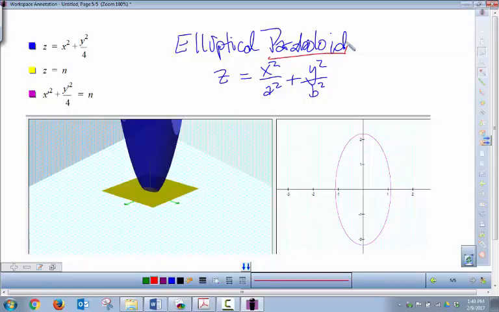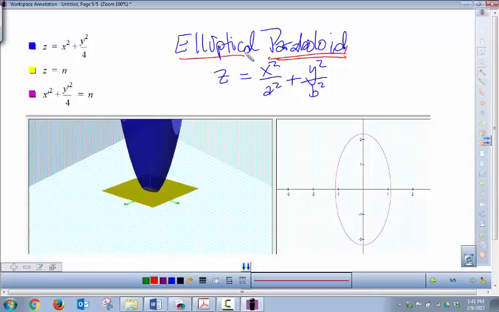You get a paraboloid if, with your x, y, z variables, two of your variables are squared and the other one is not squared. Then you have some sort of paraboloid. Maybe not elliptical, maybe circular, maybe this other type of paraboloid that we're going to take a look at. But the idea is that if x and y are squared and z is not, then it's some sort of paraboloid. That's your noun.